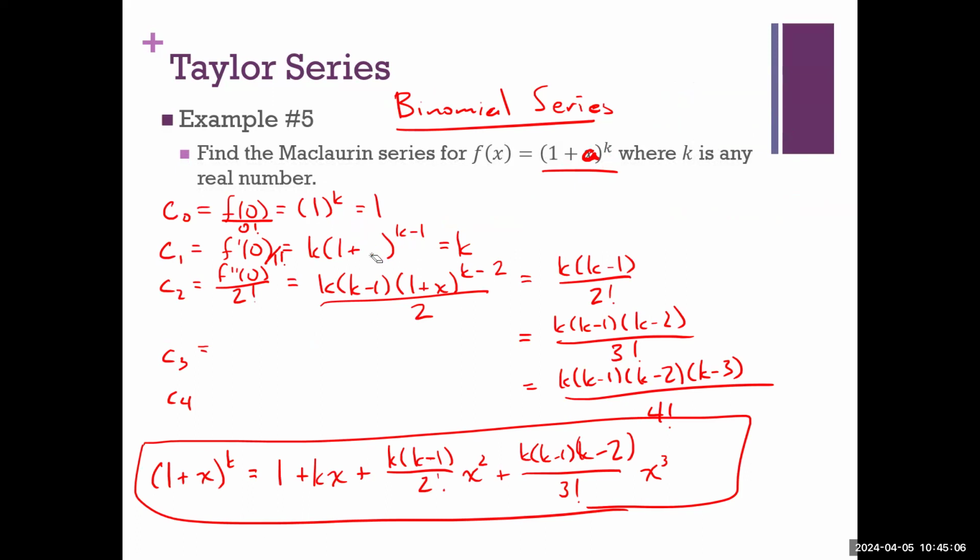So instead of saying this is 1 plus x, we'll say it's 1 plus a. Does that change it? So C0 is still going to be 1. Is C1 still going to be k? Or is it going to change a little bit?